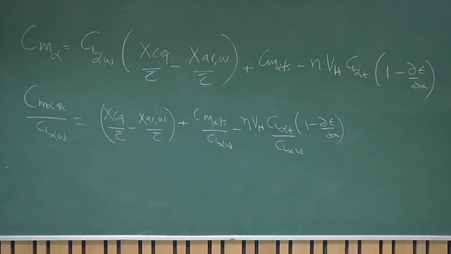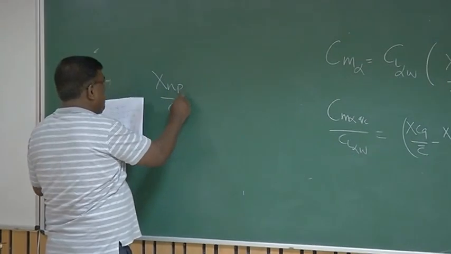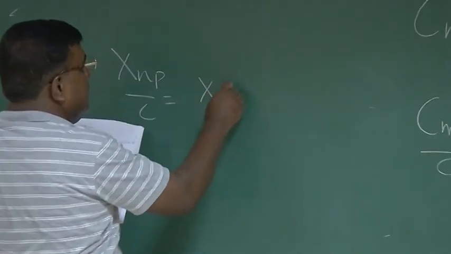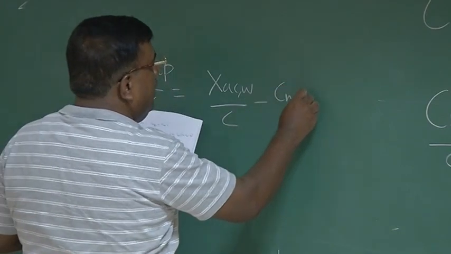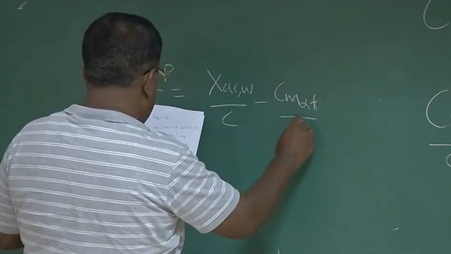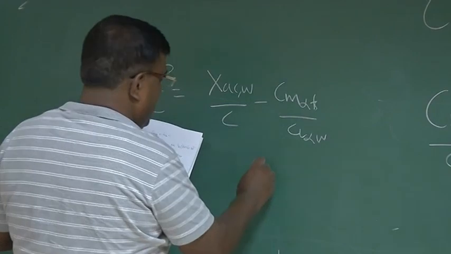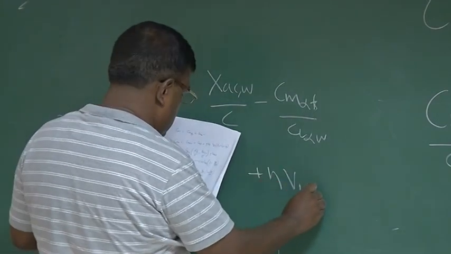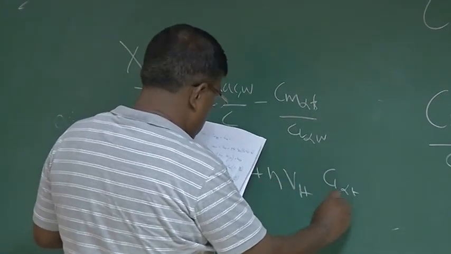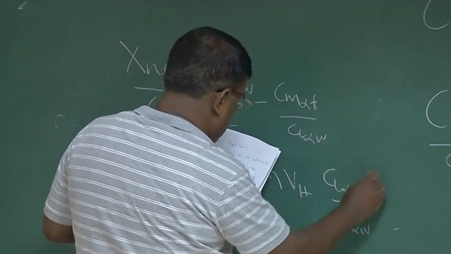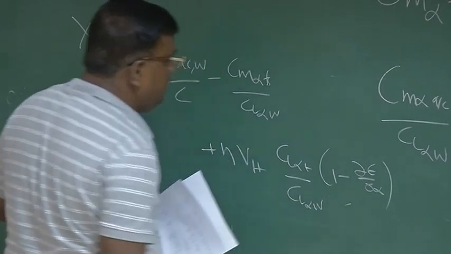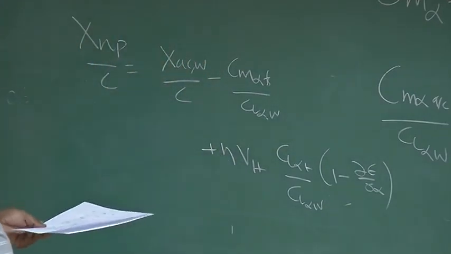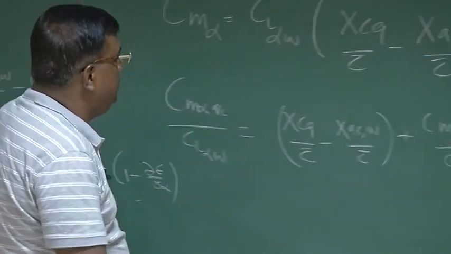Now what was the expression for neutral point? See, xNP by C, if you see, it was xAC wing by C minus Cm alpha fuselage by CL alpha wing plus eta VH CL alpha tail by CL alpha wing into 1 minus d epsilon by d alpha. These are the expressions you already have. Now carefully see the right hand side.